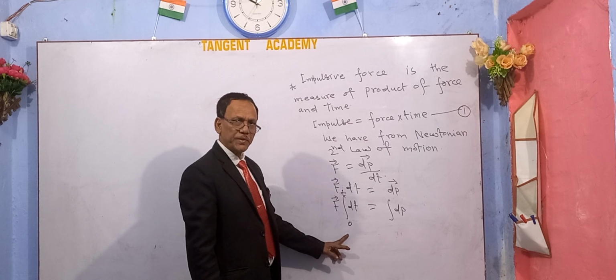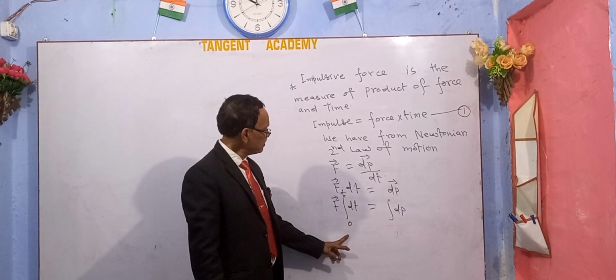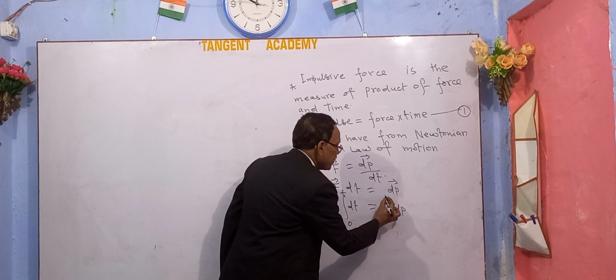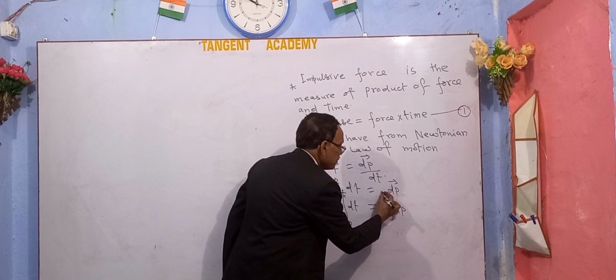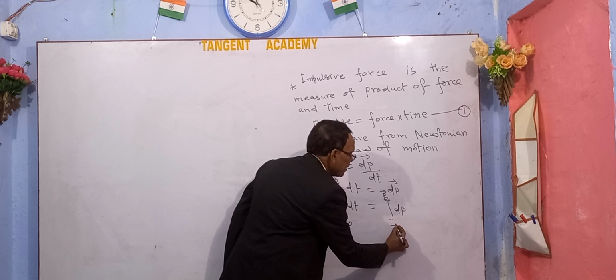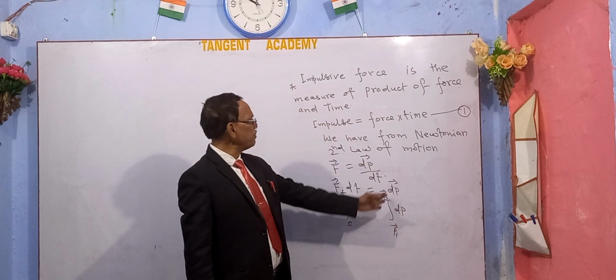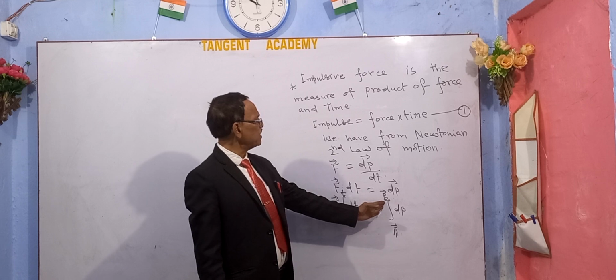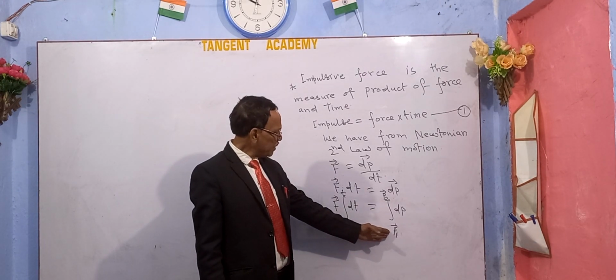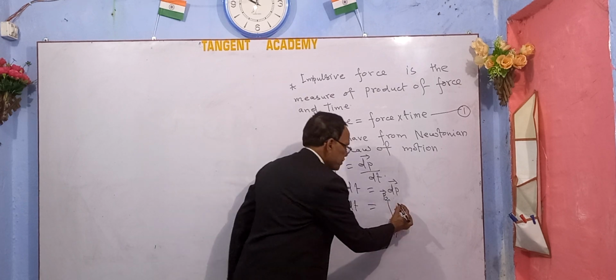Let us consider that it reaches some point at time t. Let the final momentum be p2 and initial momentum be p1. We treat final momentum as the upper limit and initial momentum as the lower limit.